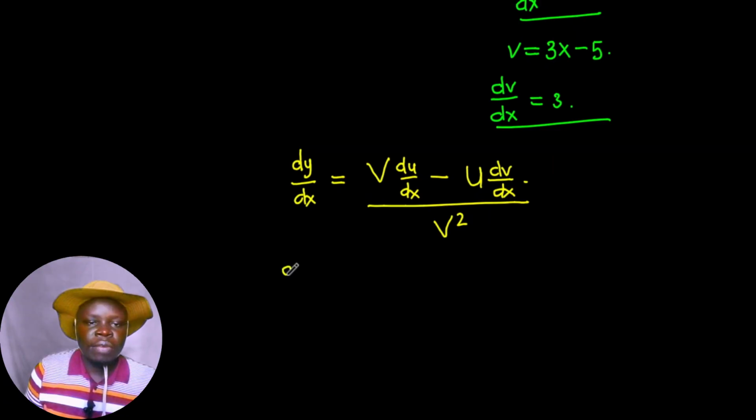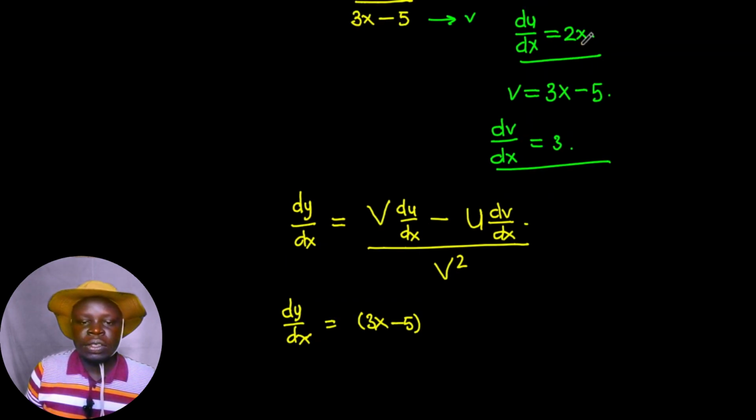Here, where we have our dy by dx, v is this function, 3x minus 5, then du by dx is 2x, so we bring it here as our 2x. Then we subtract, and perhaps I can put a bracket here, and we have x squared plus 1.